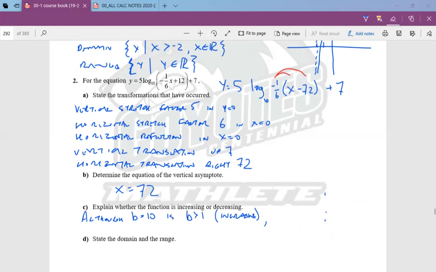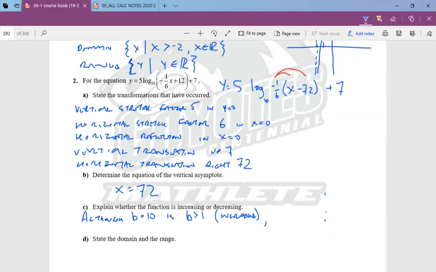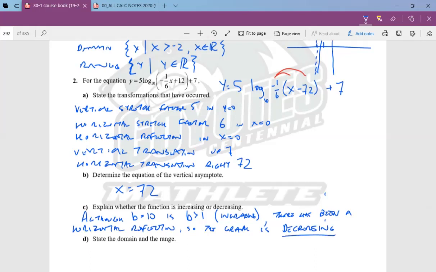The reason here, though, is although b is equal to 10 is greater than 1, which would make it increasing, there has been a horizontal reflection. So the graph is decreasing. So on your diploma exam, you would make that clear in your explanation about what's going on with this.